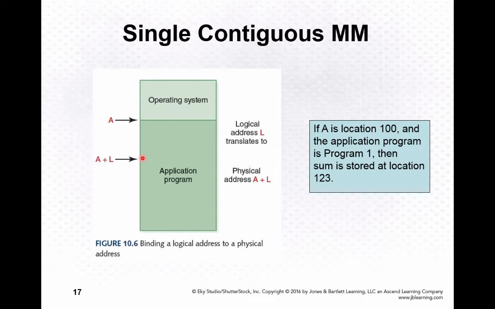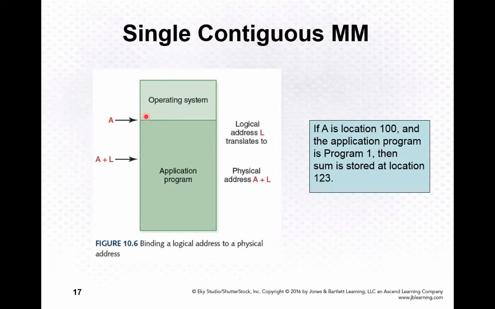This is important also because these logical addresses stay positive. I think your book talks about why the operating system isn't stored after your program, and that way your logical address and your physical address would be the same. And the problem is you don't want to go past your, it's easier to check whether you go negative, right?